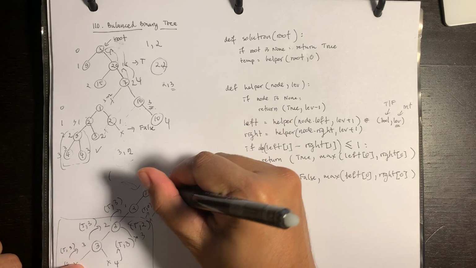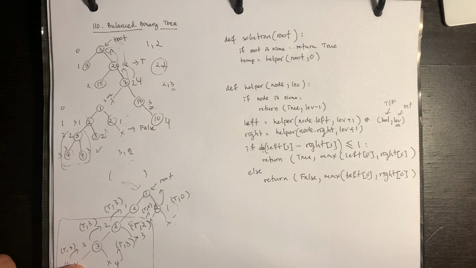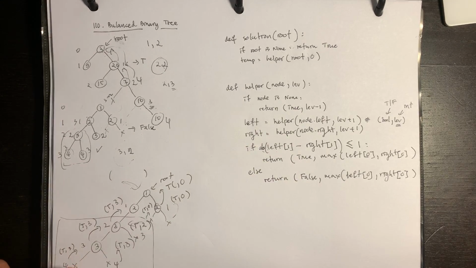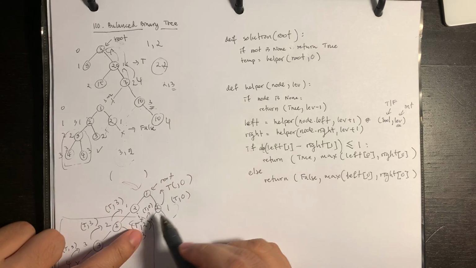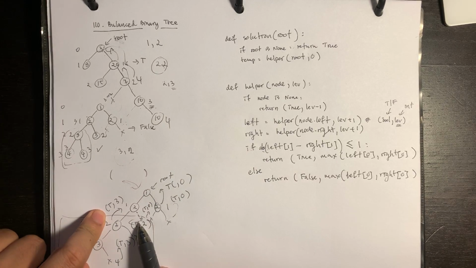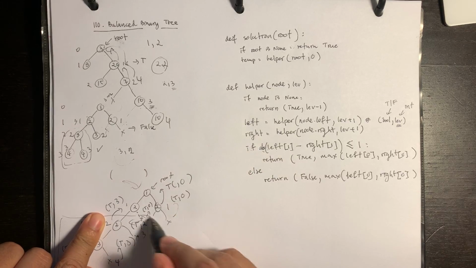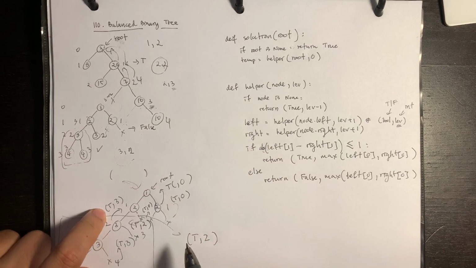It's going to return true and 0. Oh, I think I skipped this. There's a right child right here too, but since this is None, it's going to return right here true and 2.